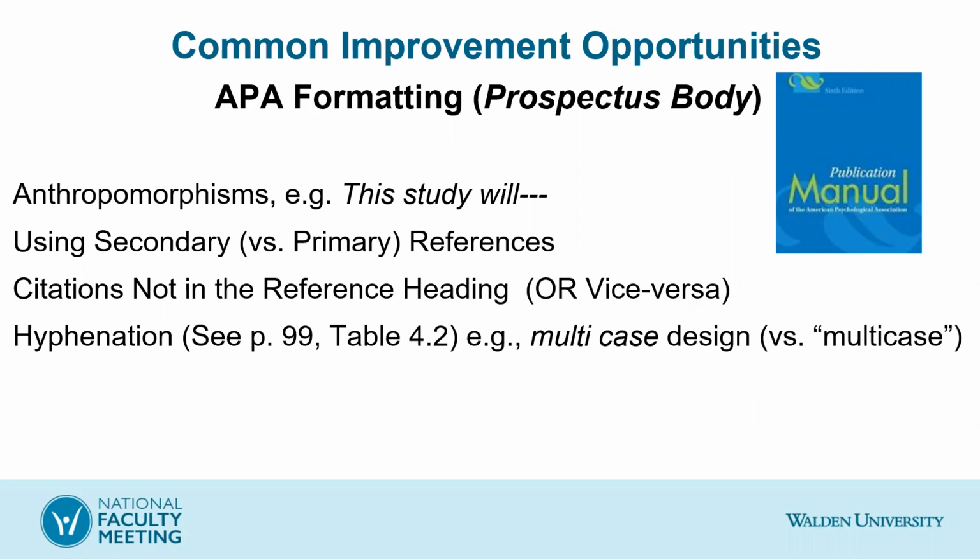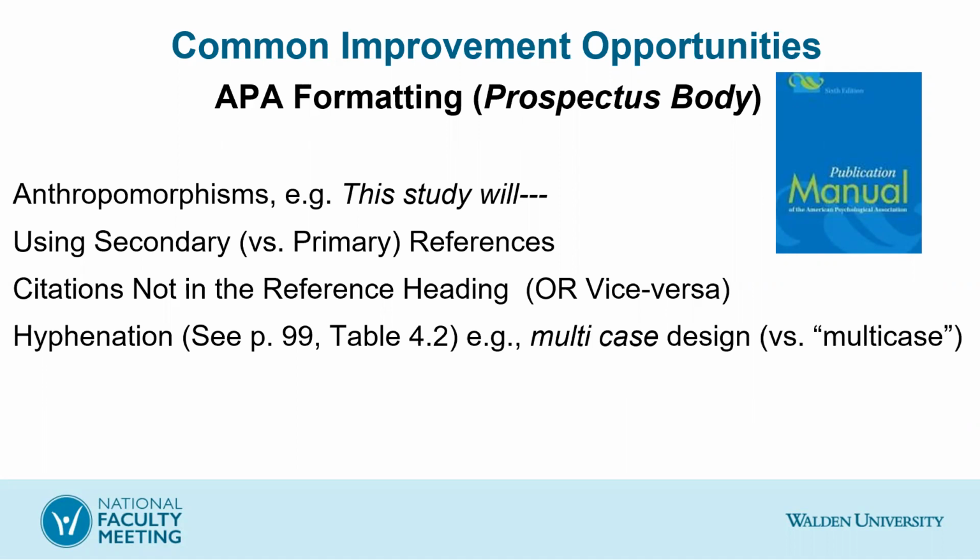And a more common one yet is hyphenation, improper use of hyphenation. And what we've done here is provide you with a specific location within the APA manual for determining the need for hyphenation or the non-need for hyphenation. So specifically, the case cited here is the use of the term multi-case.